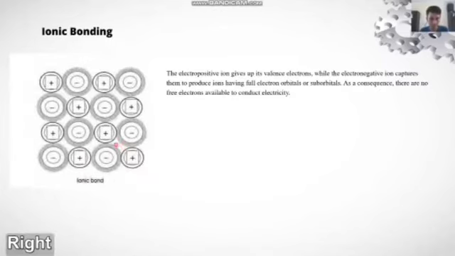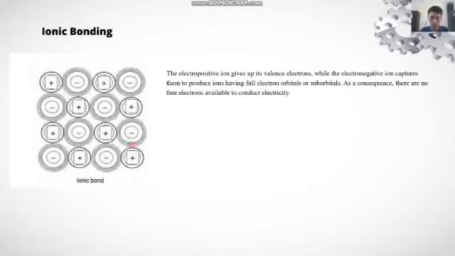Ionic bonding. Ionic bonding, also shown in this picture, is a result of electrical attraction between alternately placed positive and negative ions. In the ionic bond, the electrons are transferred between an electropositive ion or cation and an electronegative ion or anion.